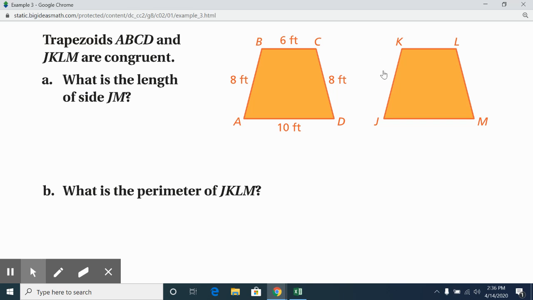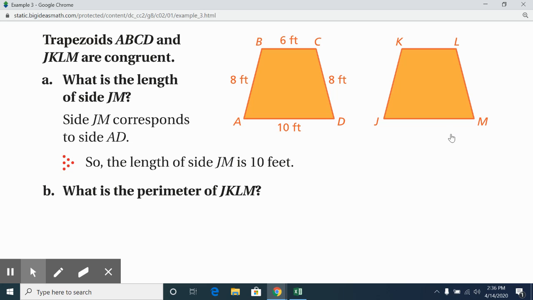We could find any side lengths really if we know that these two shapes are congruent. We can use the side lengths in this shape to find this shape's side lengths. Simple as that. So it's asking what is the length of side JM? Well, here's JM. Since these shapes are congruent, side AD is 10 feet, meaning side JM must also be 10 feet, because it's corresponding to it. That's what it says here.